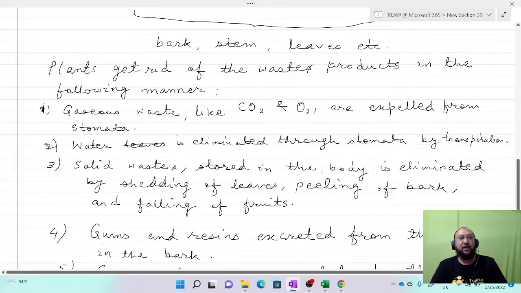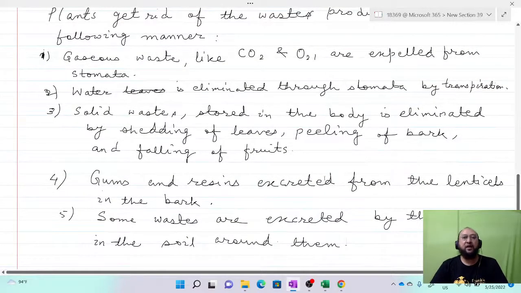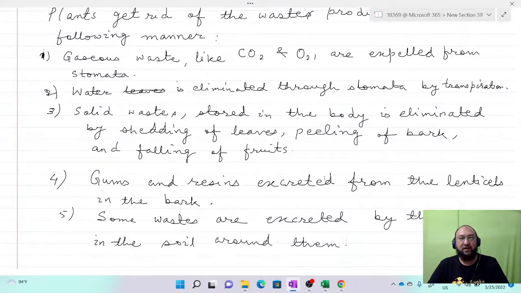Okay. Now the gums and resins are also excretory products of plants. These are excreted from the lenticels in the bark. Lenticels are a kind of pores in the bark through which gums and resins may come out and be excreted.